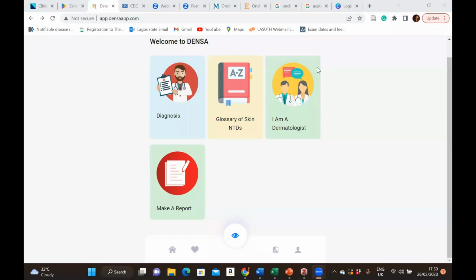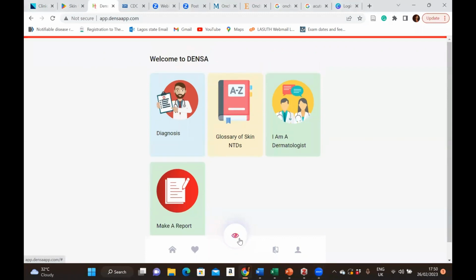So this is the Denser app, and you can send in a photo to this app and just give it a try and see if it works. We're still developing it, but it should work.